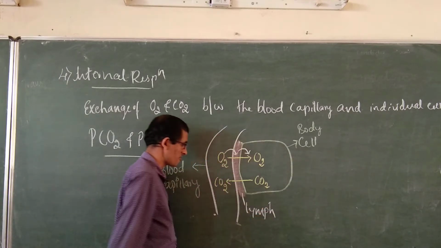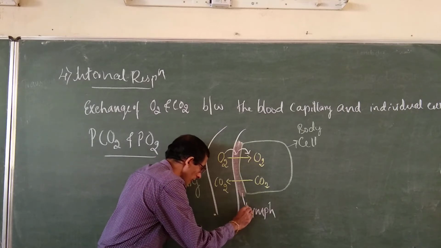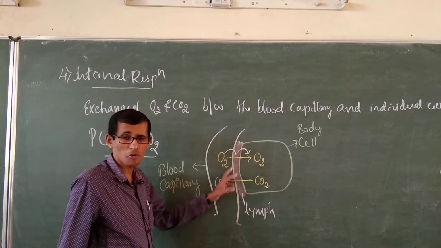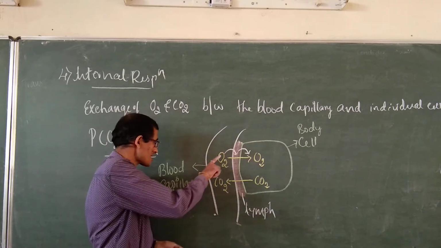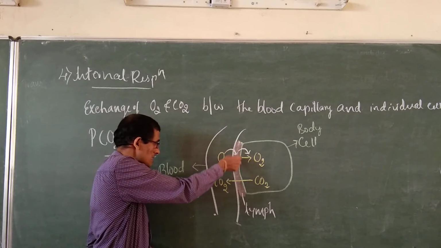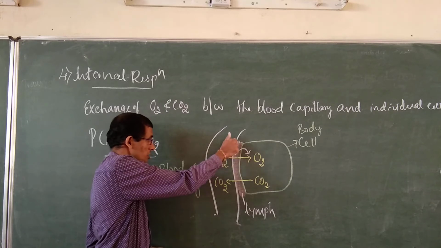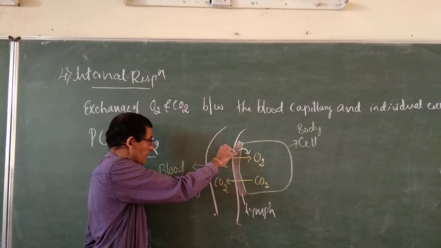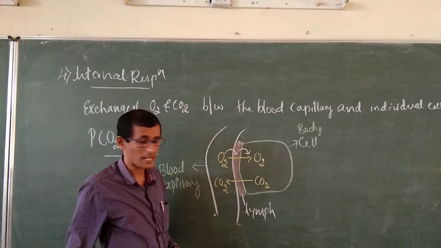Now, this lymph is going to help with respect to diffusion of that oxygen from blood capillary into cell. First from the blood capillary into the interstitial space between the blood capillary and cell, to that lymph area we can observe the diffusion. From there once again diffusion to the cell.